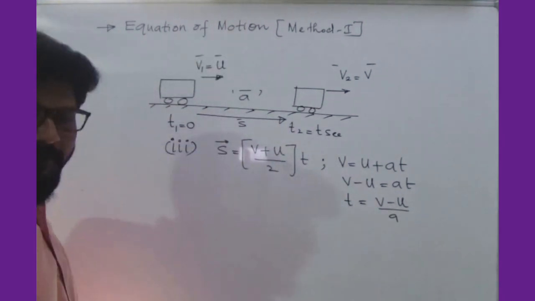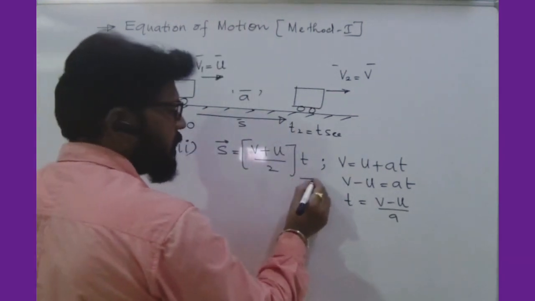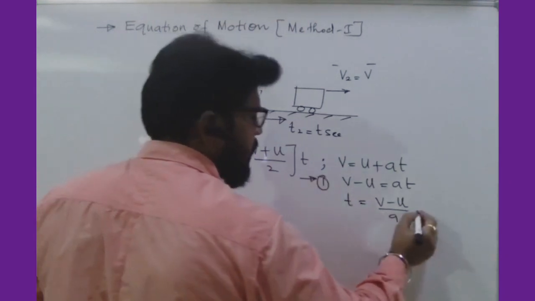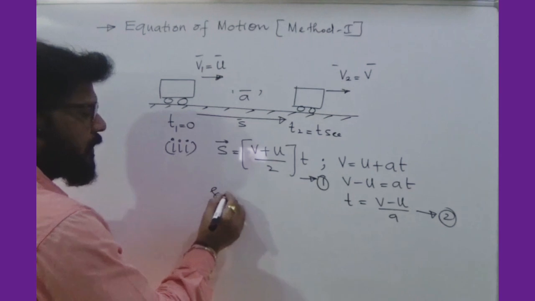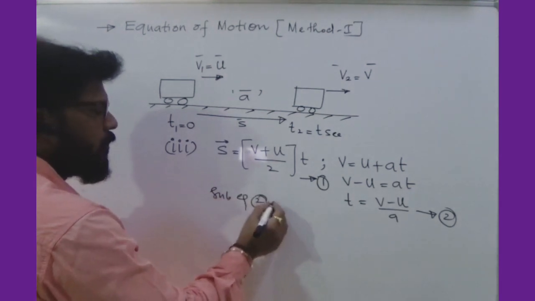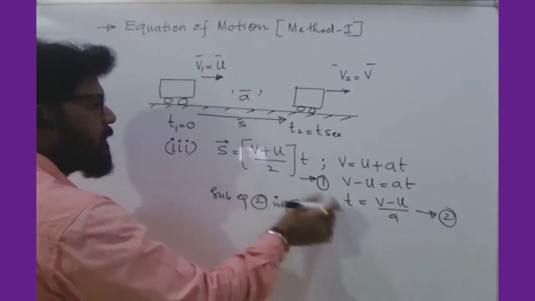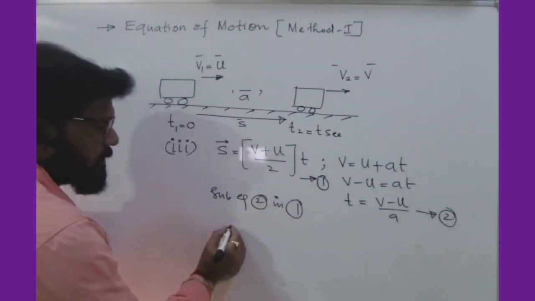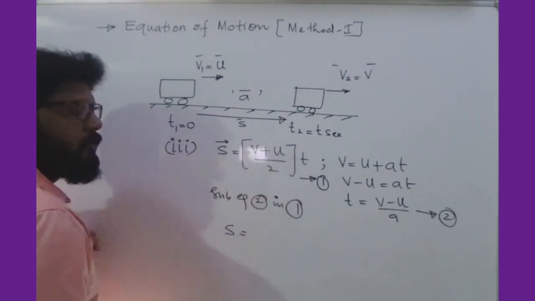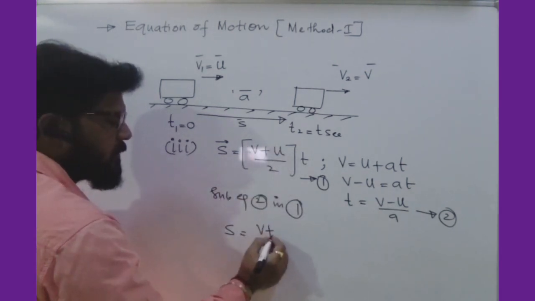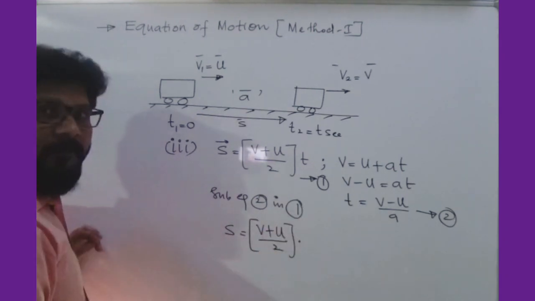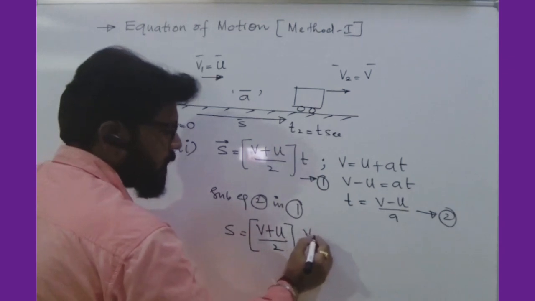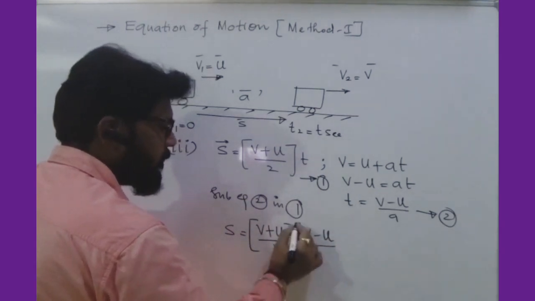Let me take this as equation 1 and this as equation 2. Substituting equation 2 in 1, I get s is equal to v plus u by 2, as it is, into time, and time is v minus u divided by a.